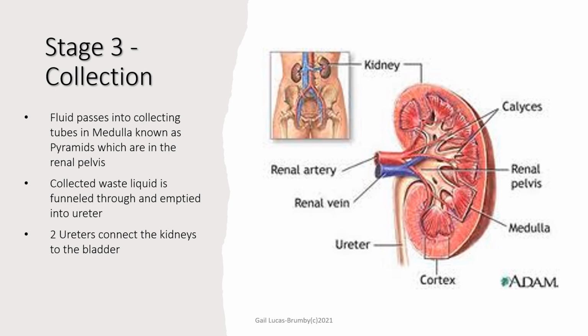From the medulla, these collecting tubules then enter the pyramids, which are in the renal pelvis. The collected waste is funneled through the renal pelvis into the ureter. And as we said before, we have two ureters that connect the kidneys to the bladder.